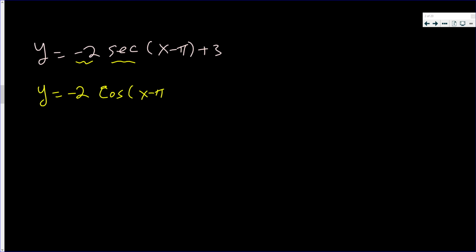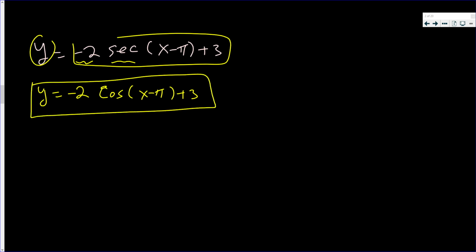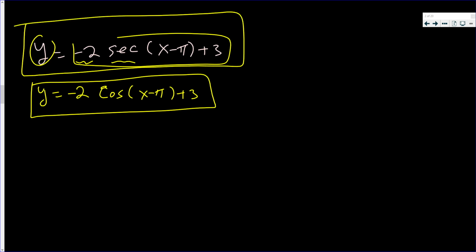And I shouldn't say y equals, because y is equal to this. You know, maybe we can call it y prime, but let's call it y anyways. So we want to graph this. So we are ignoring this to the very end. We want to graph this.